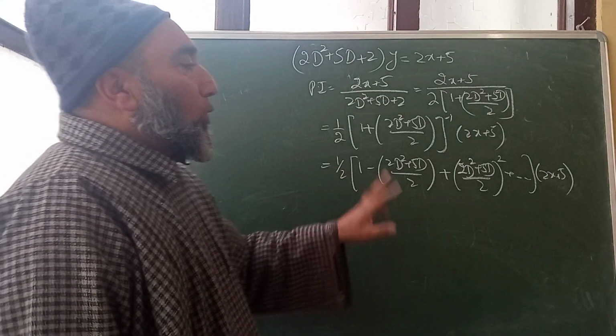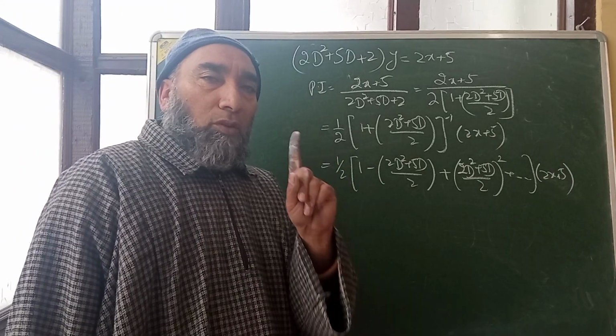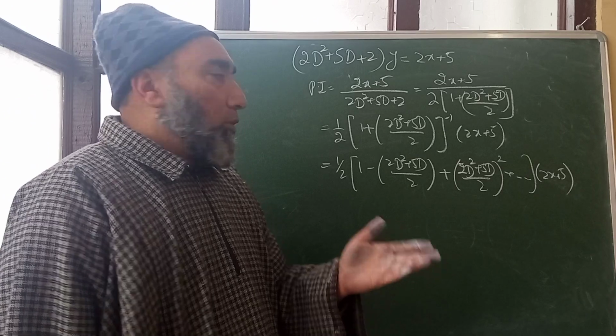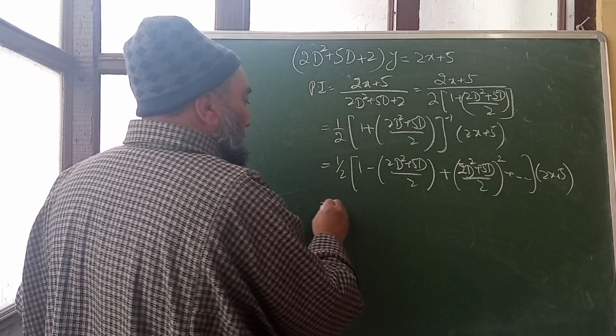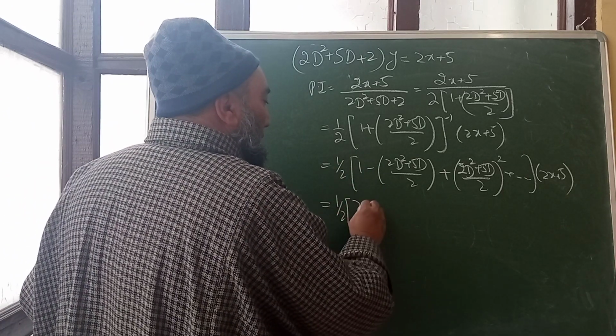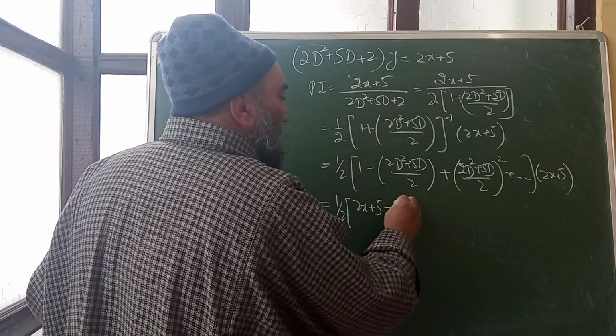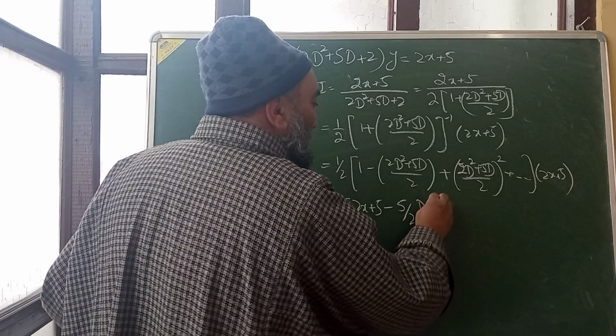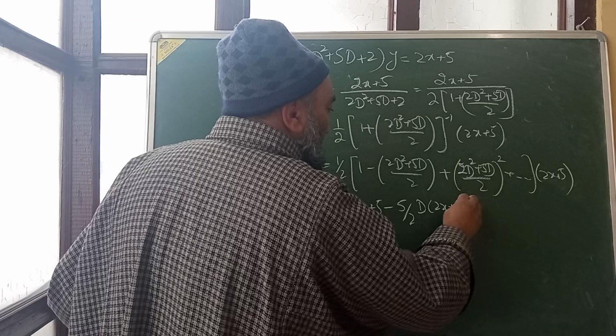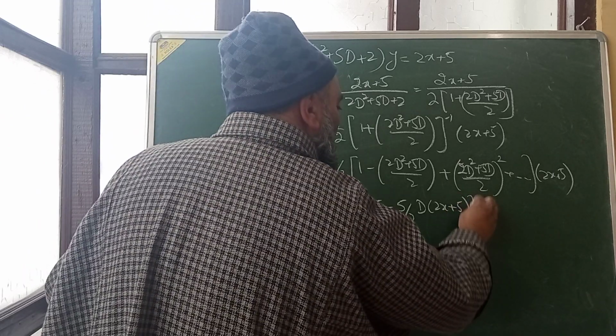You see again 2x plus 5, you can differentiate it only once, the second derivative will be 0. So I will conclude this is 1 half, 2x plus 5 minus 5 by 2 times the differentiation of 2x plus 5. Now what is that?